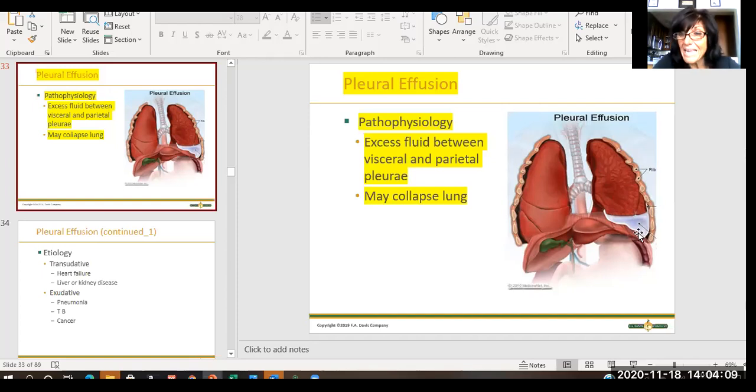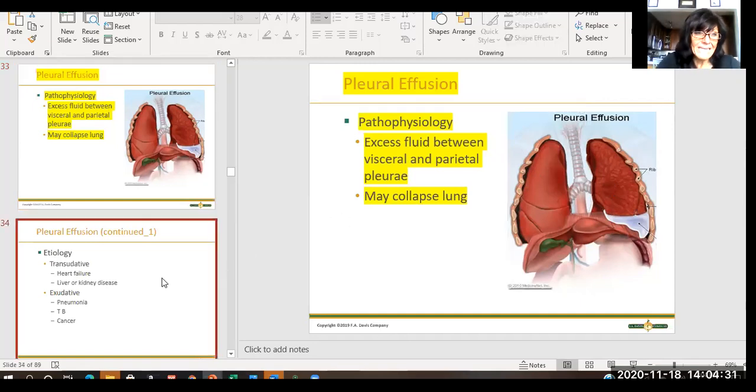And so again, if there's enough fluid, and it could be pus, it could be blood, lots of different things can happen that fill up in there. Pus is called empyema, and we're going to get to that. Any of those things, if there's enough pressure, that lung's going to collapse, and that's a problem, okay?